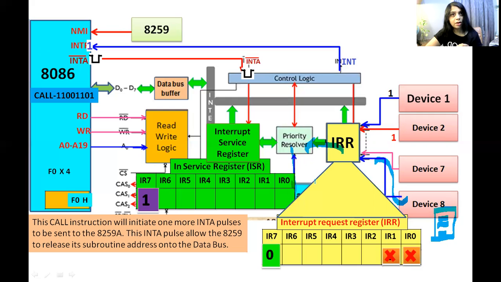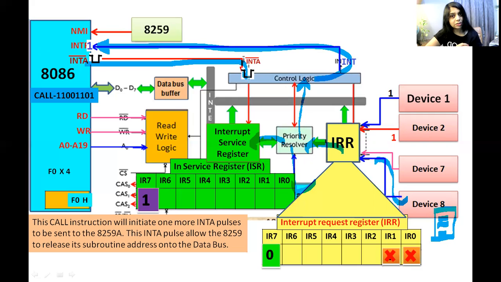The priority resolver checked the interrupt mask register, then it checked the in-service register, then it sent the interrupt to the control logic, then it sent it to 8086, then 8086 sent a negative pulse to 8259, then it set this bit, then it sent the call address, then 8259 sent this vector code, then it was multiplied by 4, this information was stored in the CS register and instruction pointer, and the address of the interrupt service routine was generated, and then it reset this bit.